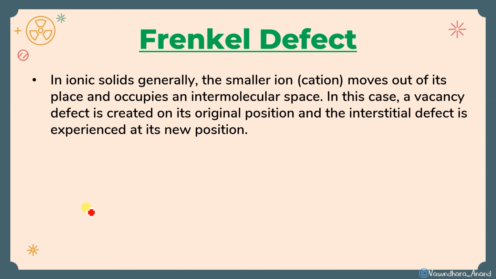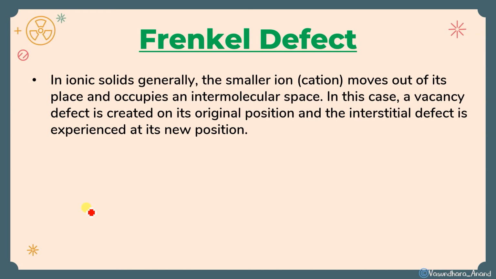It means it left from one side, and in the same unit cell, it is occupying an interstitial site. So what will happen to the density? Is it going to change? Is it going to decrease or increase? No. Because the same unit cell is there and the number of atoms is also the same, only the position changed: the cation left its own site and went to some interstitial site.